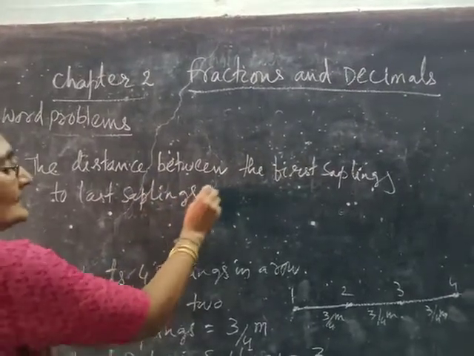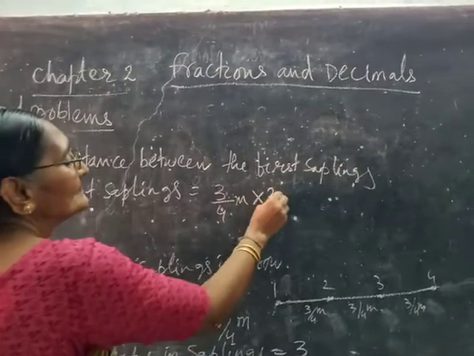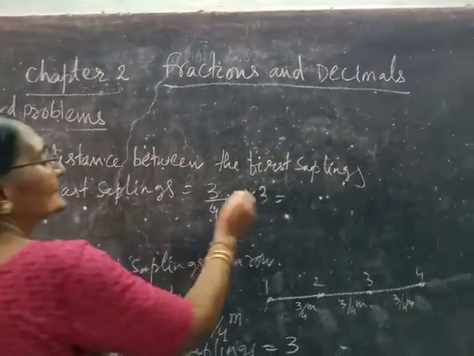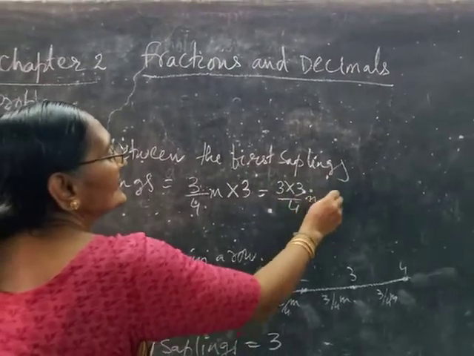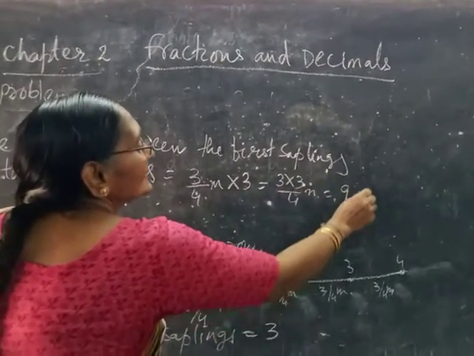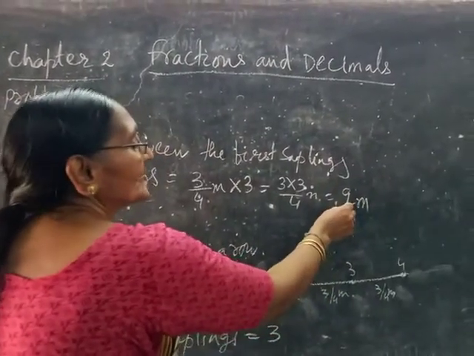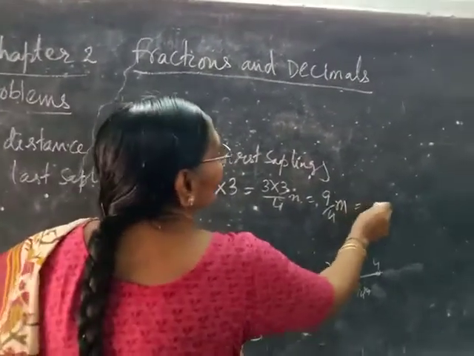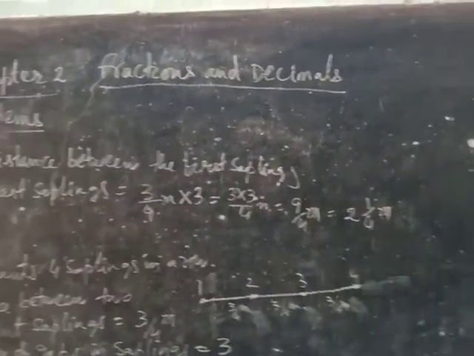That is 3/4 meter into 3. How much will it come? Numerator by denominator, equal to 9/4 meter. You have to change it, because it is an improper fraction, so we change it to a mixed fraction. 4 twos are 8, remainder 1, so 2 1/4 meter.